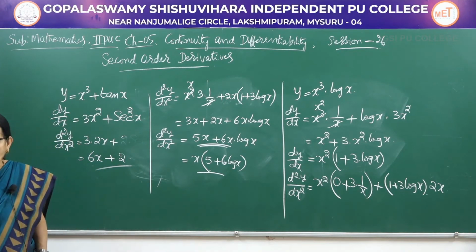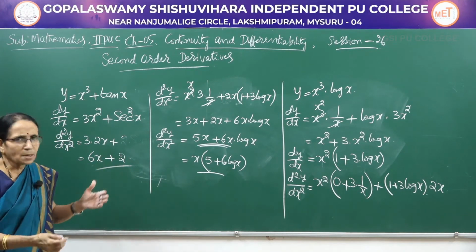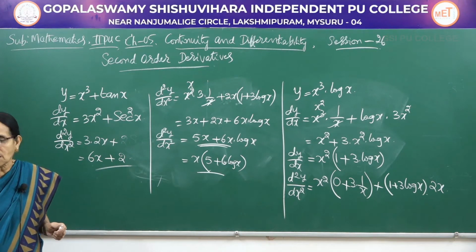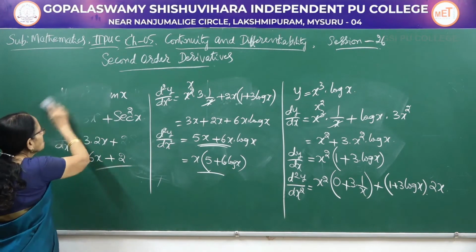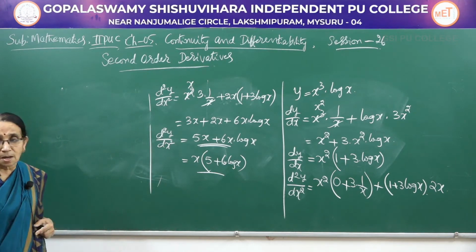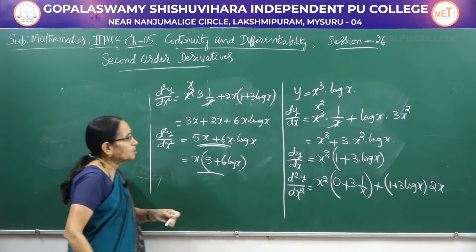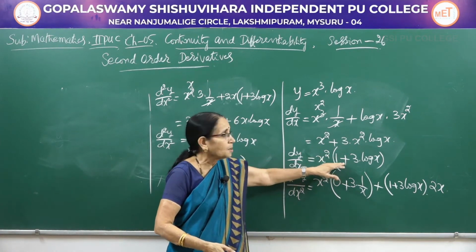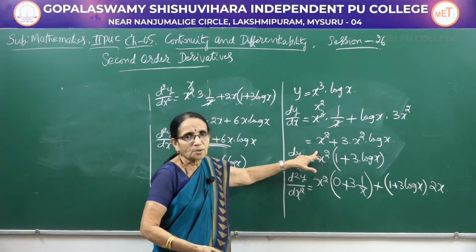So if the terms are more, better you take out the common factor, if there is any, and present the answer in a simpler way, or in a better way, I can say. See, I told you already, suppose you had started differentiating without taking the common factor, x square would become 2x here.